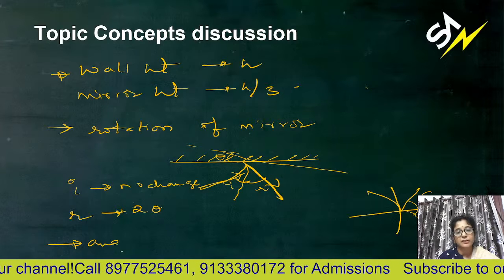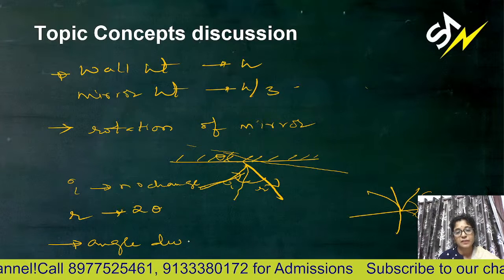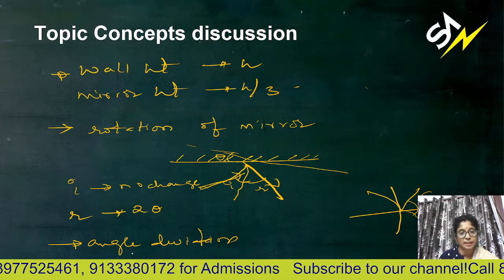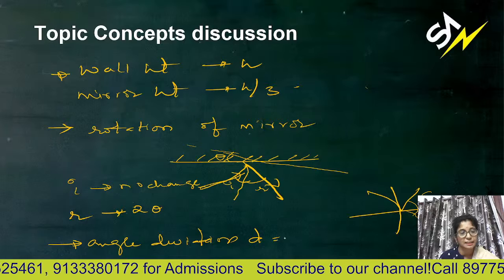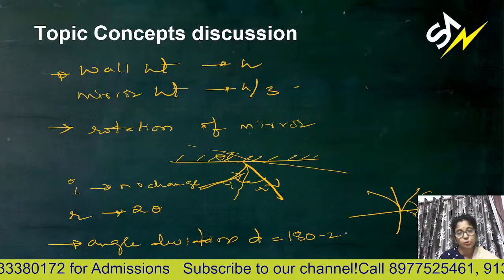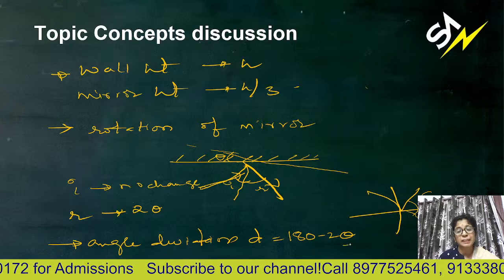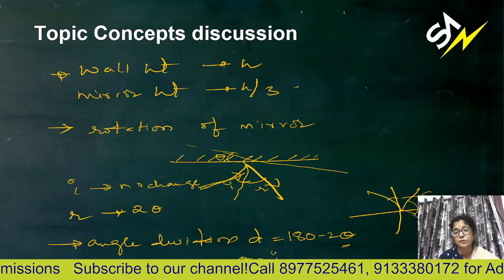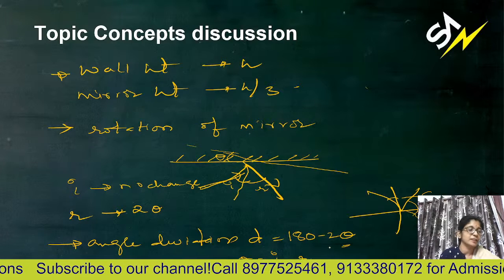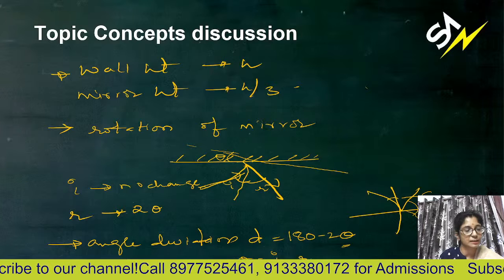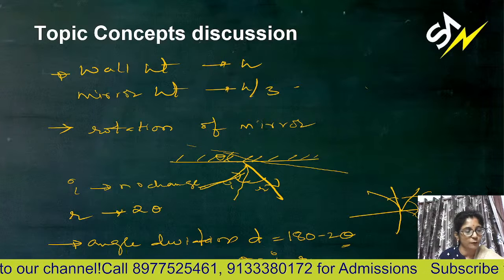Angle of deviation is nothing but how much the light ray is deviated, which is represented by D, and it equals 180 minus 2 theta. Here theta is either I or R. I anyway equals R, either I or R. Okay, so this is about the angle of deviation.